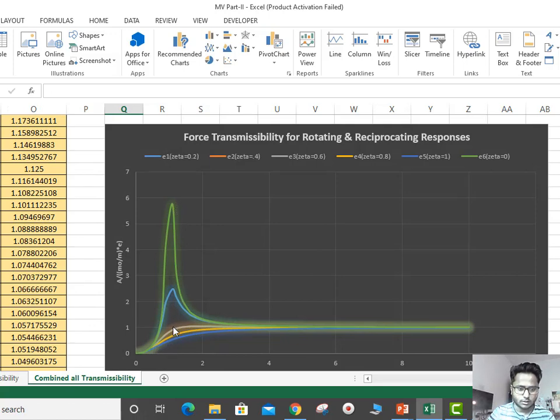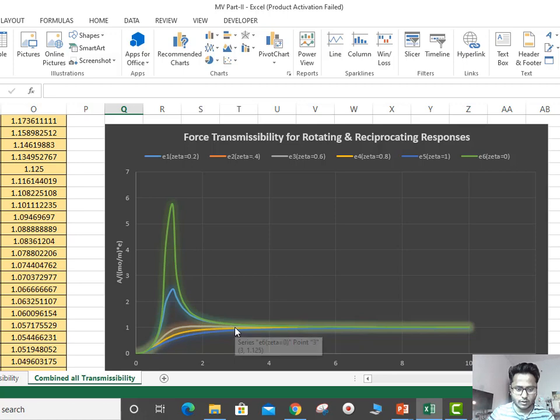If zeta decreases, it increases in this way, the maximum value increases, and all the values will be unity after some value of r. This r value is almost equal to 3.